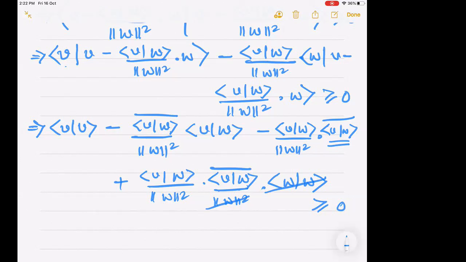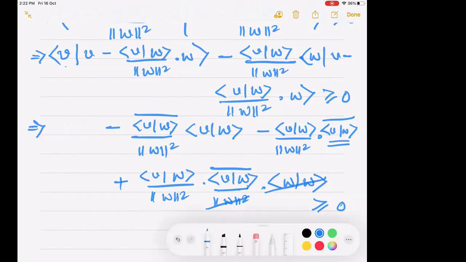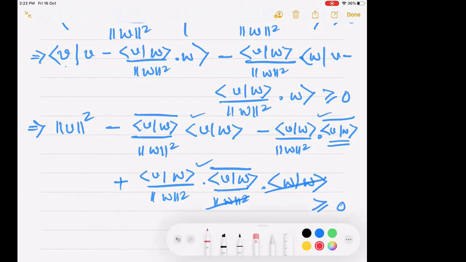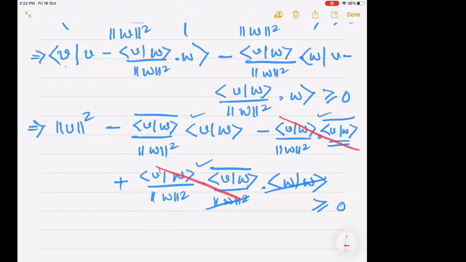And this guy out here is V norm squared. Is that all right? Now this quantity, this quantity, and this quantity, they are all the same. Two with minus signs, one with plus sign, so one will cancel out. We can cancel this with this one.